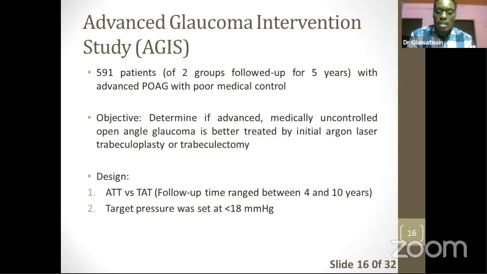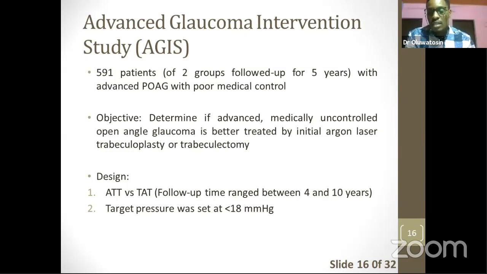The study was designed such that the first group received a laser treatment followed by a surgical treatment, which is trabeculectomy.